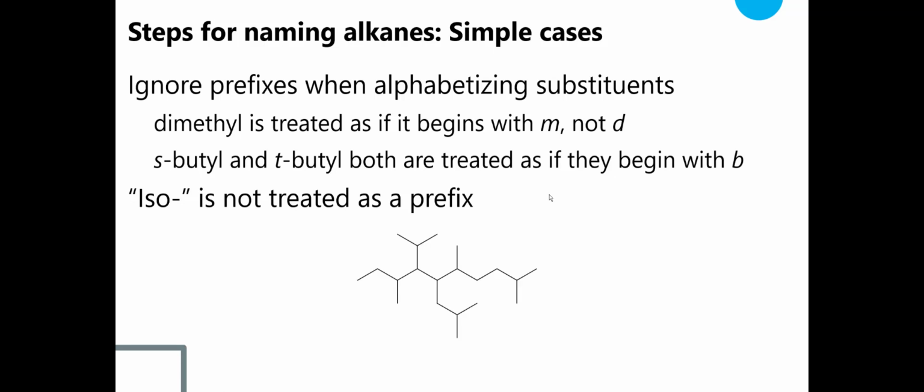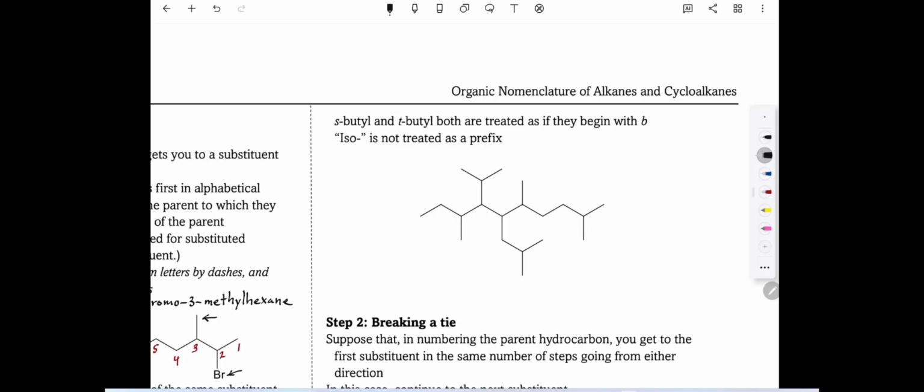So let's take that into account in naming this compound. The name of this compound is going to be somewhat longer than everything that preceded it. So let's start by identifying the parent hydrocarbon. I have drawn this from left to right, as you'll see. And we're going to want to number this so that we get to a substituent in as low a number as possible. So numbering from the left would give us 1, 2, 3.